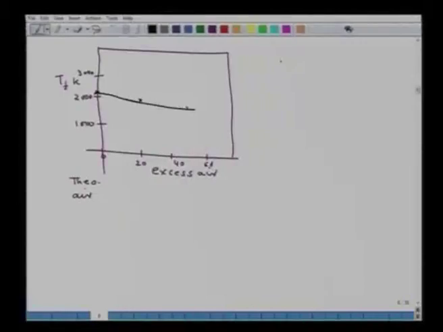First, I will write down, I illustrated that an increase in excess air decreases AFT.